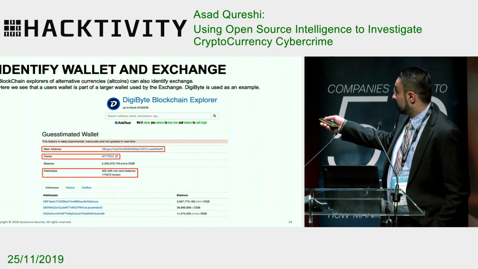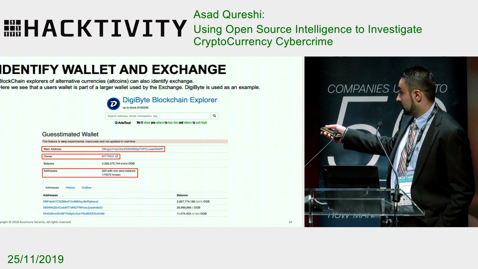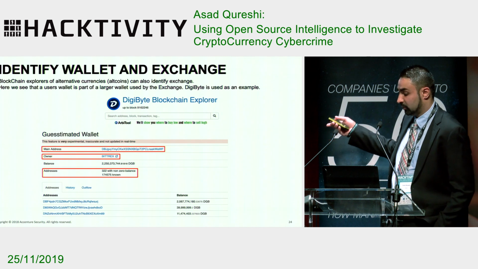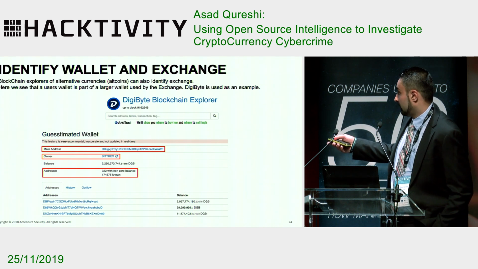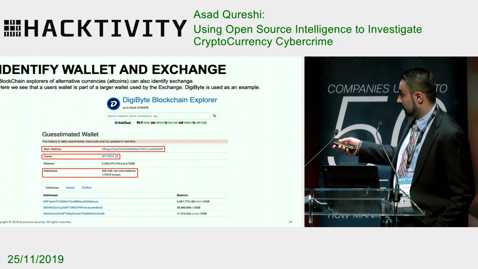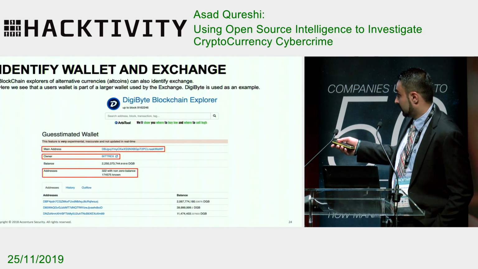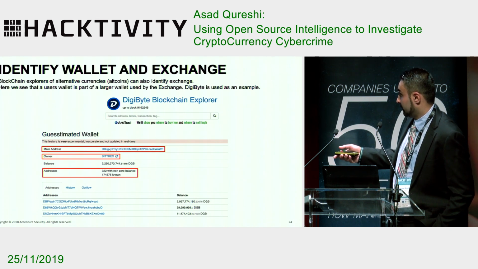What we do is search for the address on Digibyte's blockchain explorer, which tells us that this address belongs to the Betreff exchange. The Betreff exchange contains this amount of Digibyte, and we also have the addresses which correspond to that wallet.